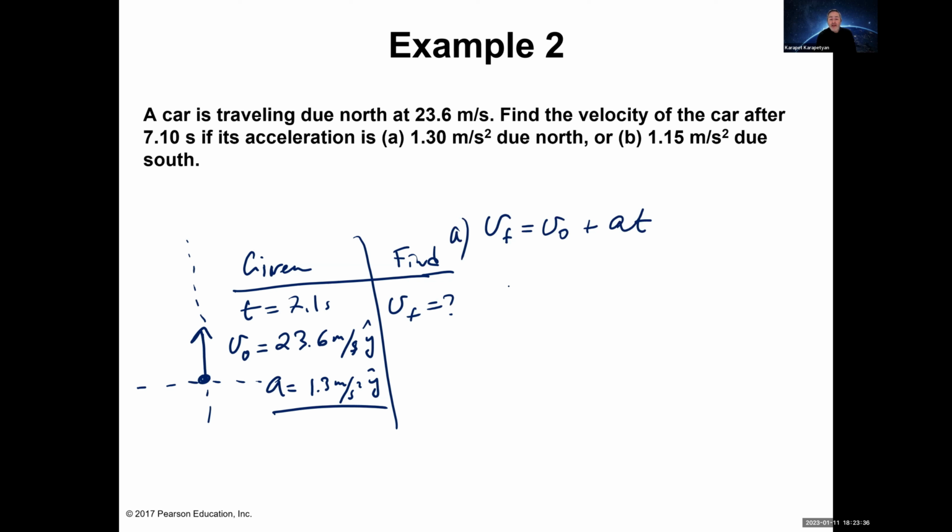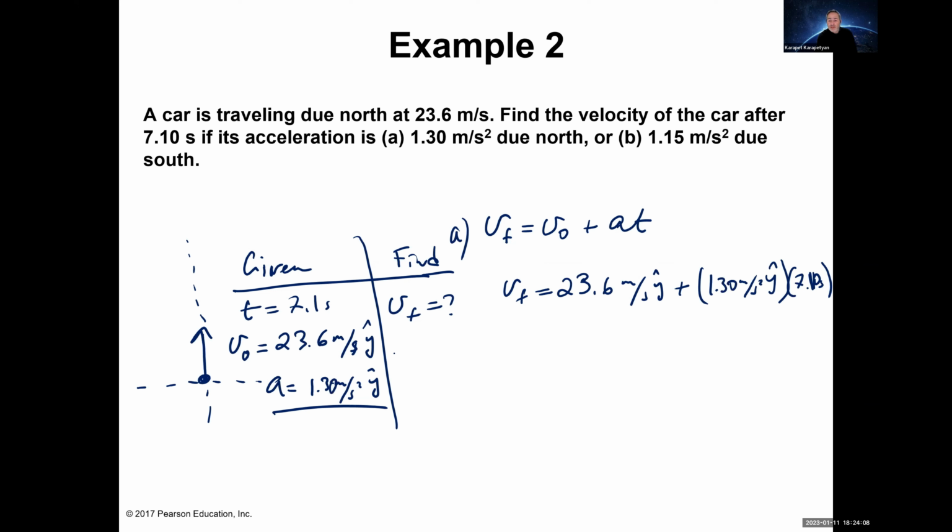For part A, v final equals 23.6 meters per second y hat, plus acceleration 1.3 meters per second squared y hat, times 7.10 seconds.